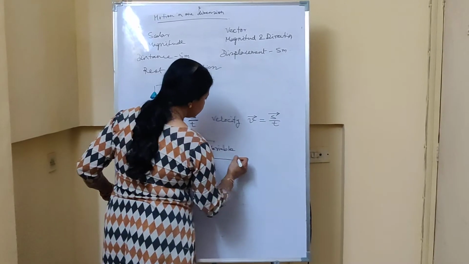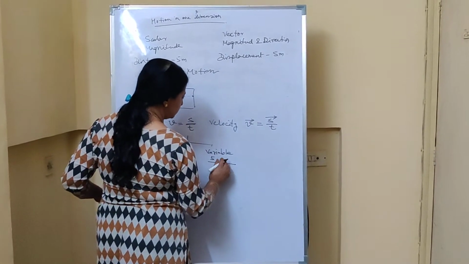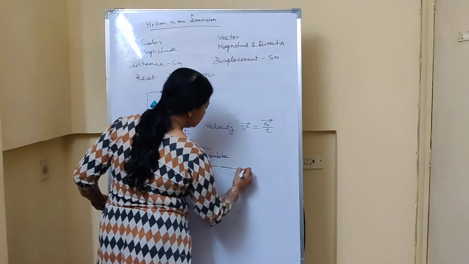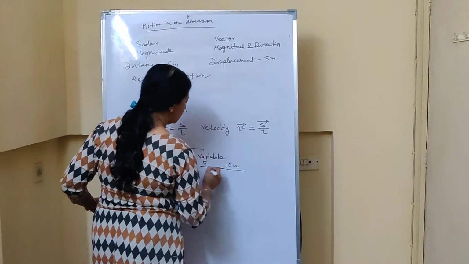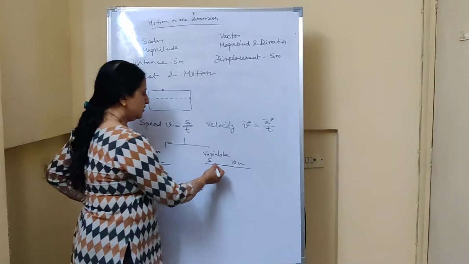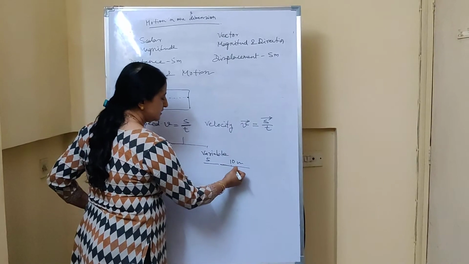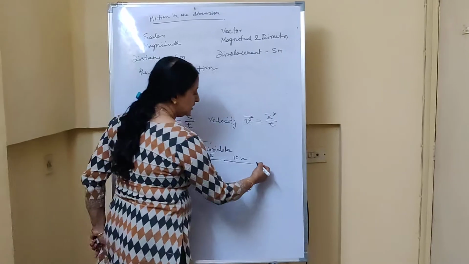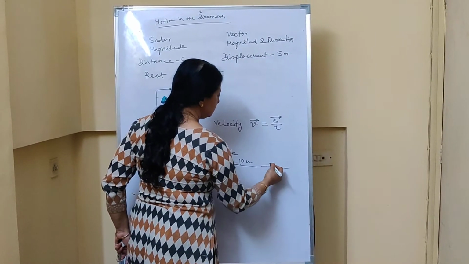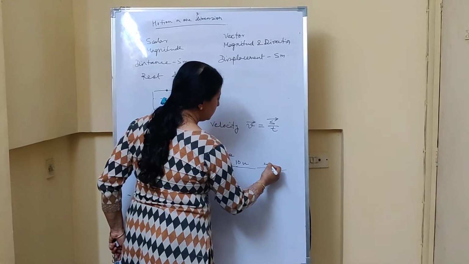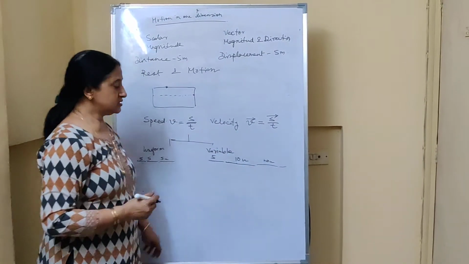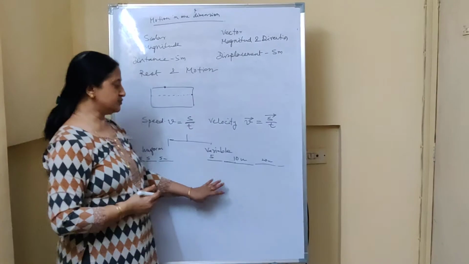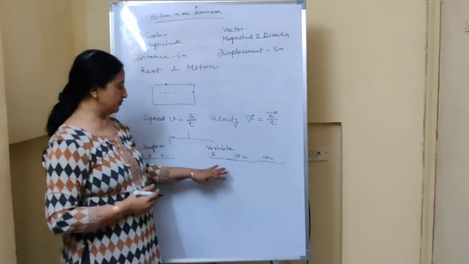But if it is variable, first it is covering 5 meter, then next it is going 10 meter, and like that. First 5 meter in 1 second, next second it is moving 10 meter, then in third second it may be moving 20 meter.